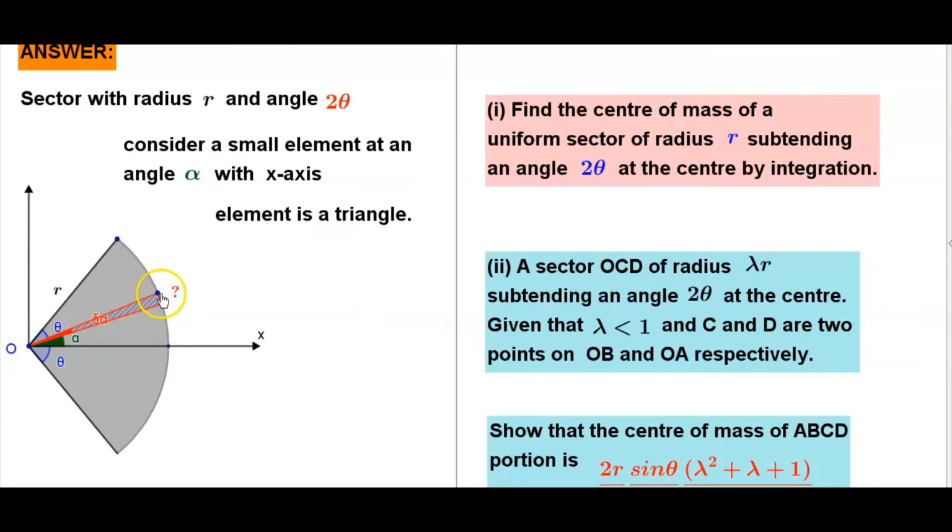So what is this distance? This is the radius r, this is an angle delta alpha. Therefore this distance is r into delta alpha.